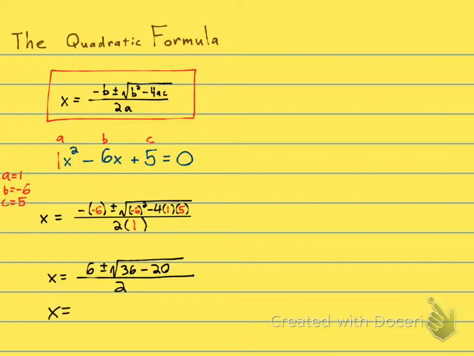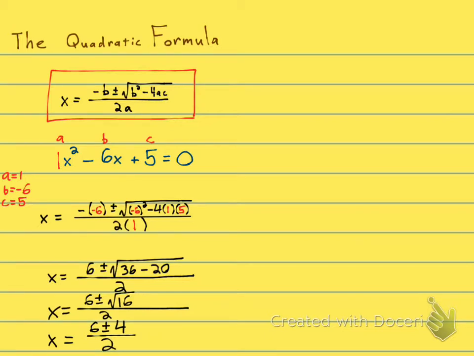All right, inside the radical, 36 minus 20, that's 16. We know the square root of 16. That's 4. And now we have 6 plus or minus 4 over 2.